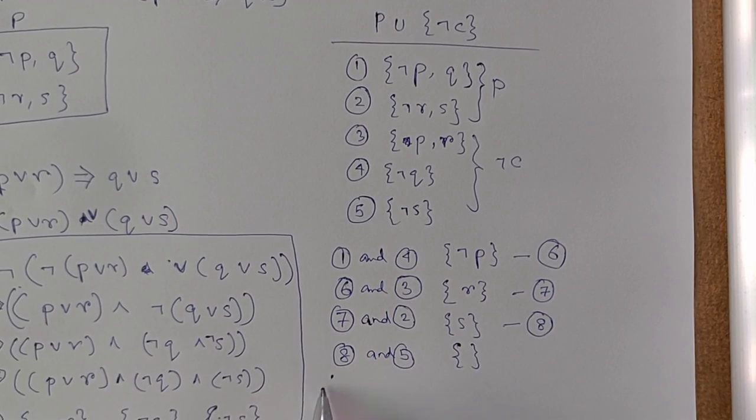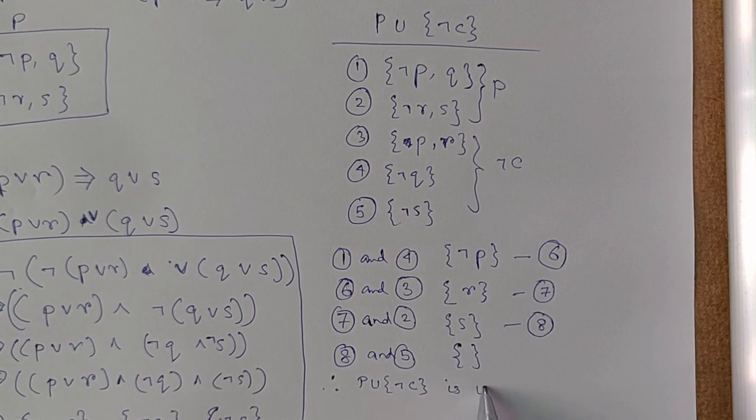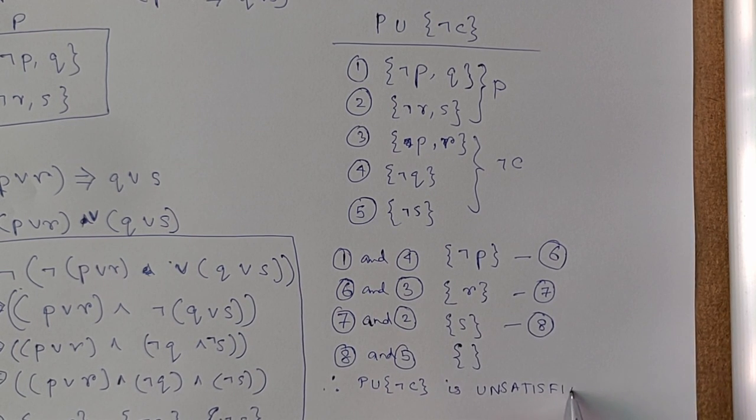Therefore, P union not C is unsatisfiable.